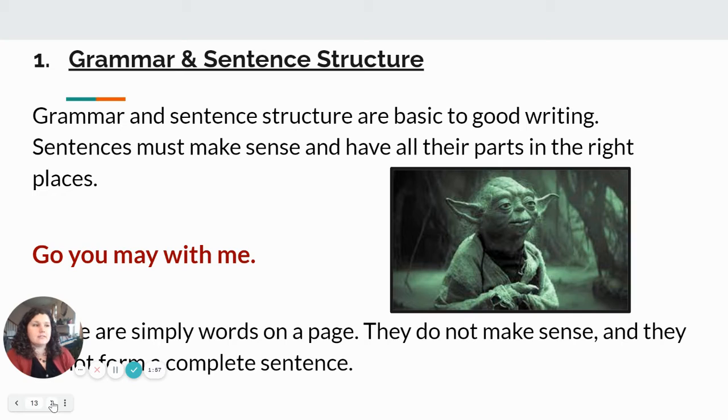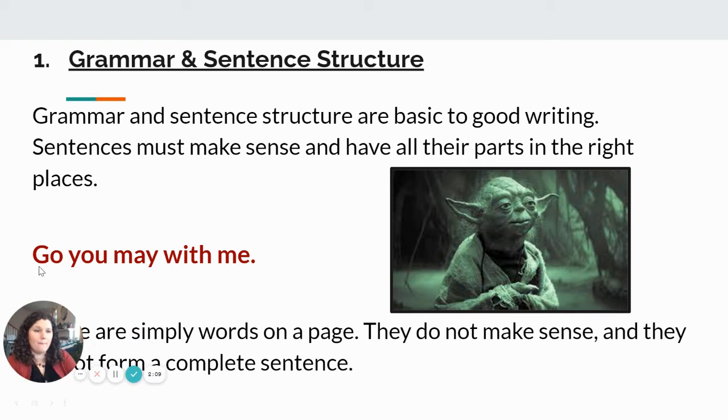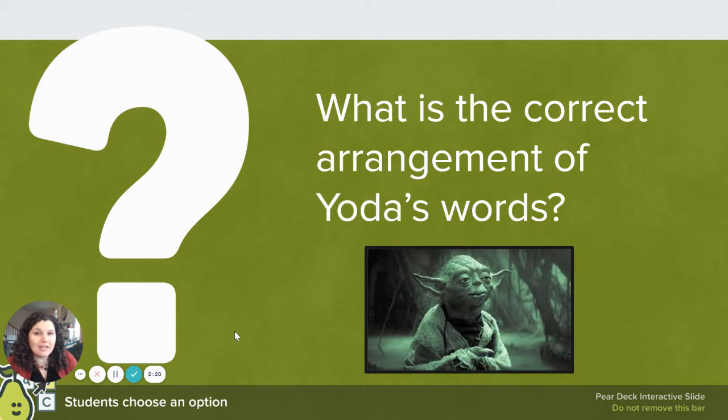He says this line, "Go you may with me." And these are words on a page. They don't necessarily make sense, and they do not have a full sentence right now, the way that they're written. Now, in our brain, we can unscramble them and try to make sense out of that. And so I'm wondering, can you rearrange Yoda's words for correct grammar?